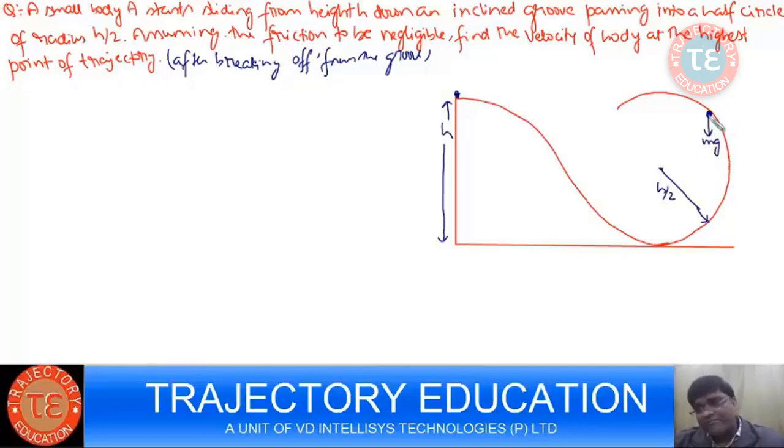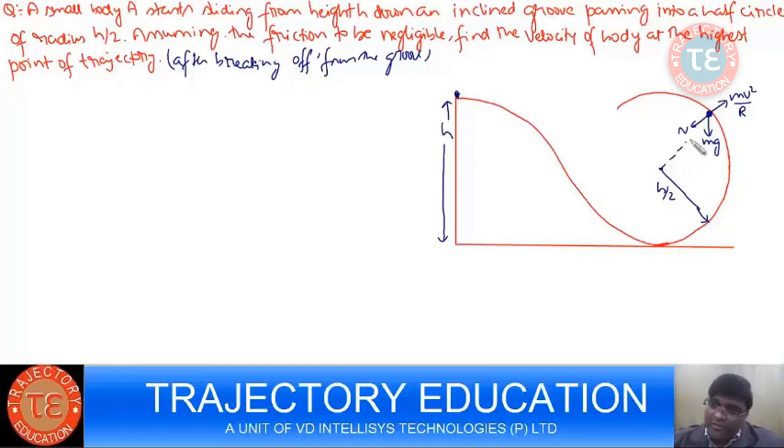So mg, normal reaction N, because the motion of the body is constrained in this direction, and then mv square by r. H by 2 is the radius, I'll call it r for the time being. In this case, it is in radial equilibrium.